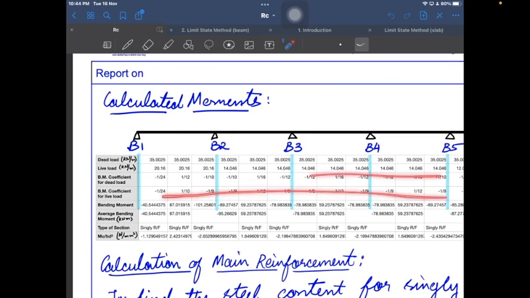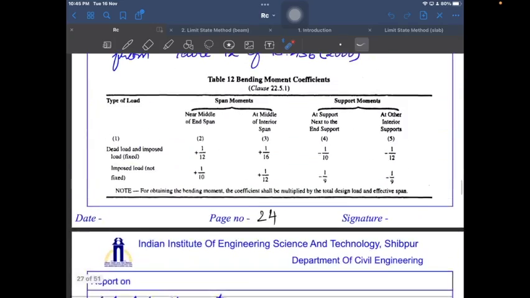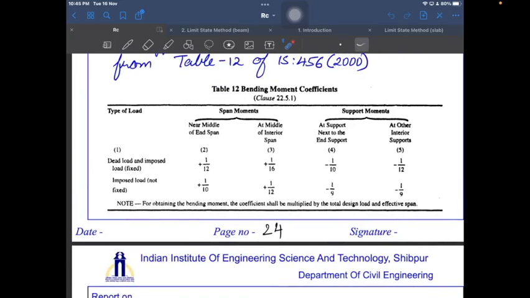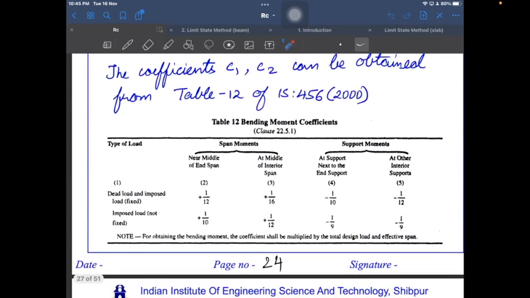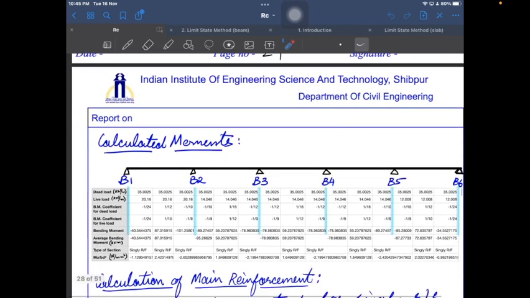If you observe these and what I have written, you will understand. In the middle are the coefficients, and at both ends the support moments.